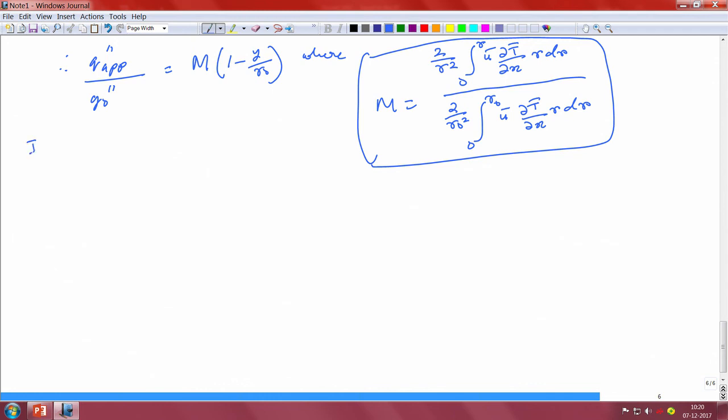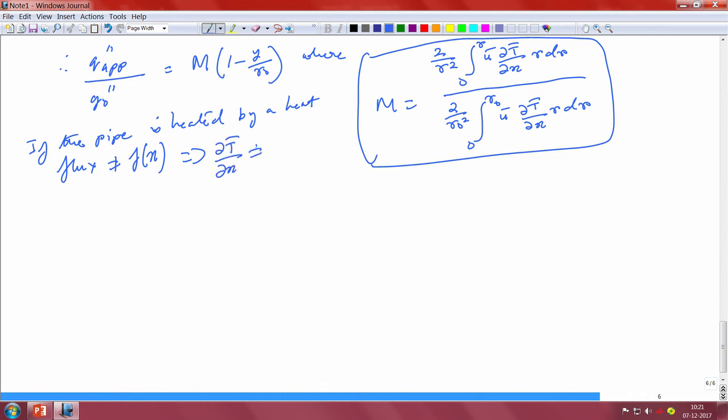Now, if the pipe is heated by a heat flux which is independent of x, that is not a function of x, then this leads to dT bar by dx also not being a function of r in that particular case.